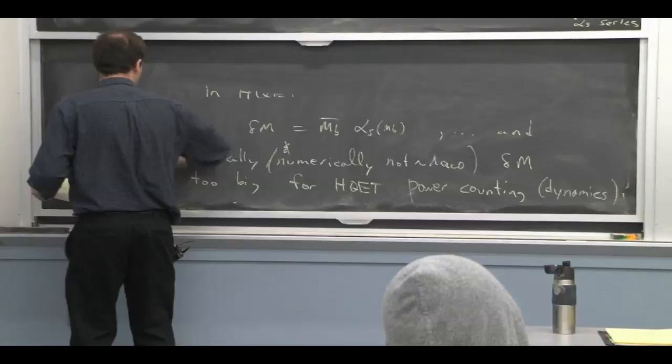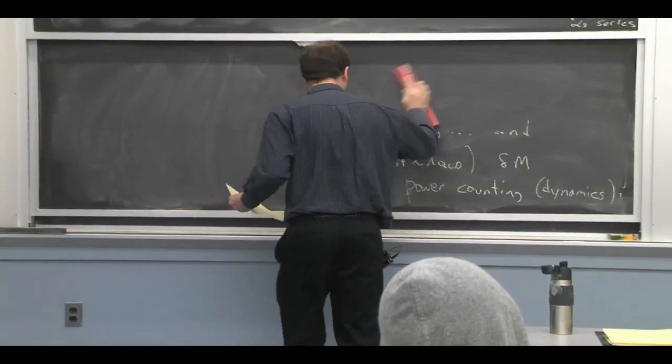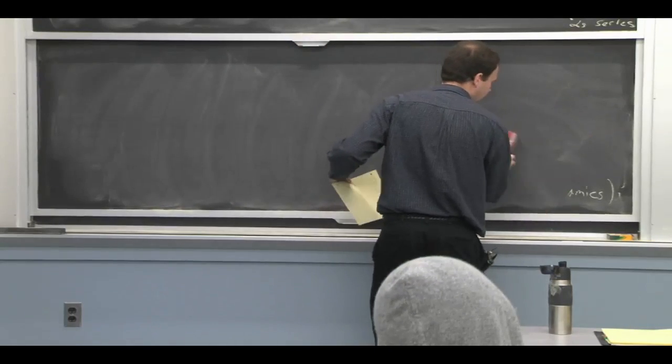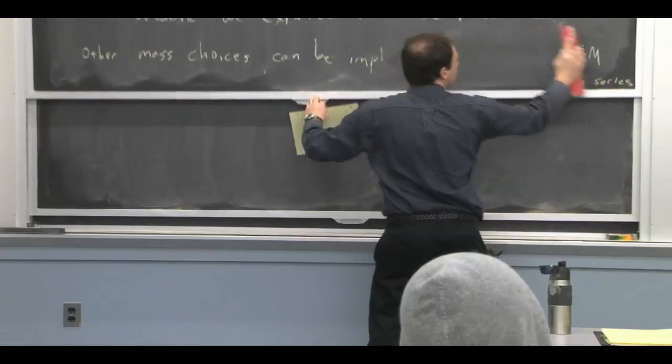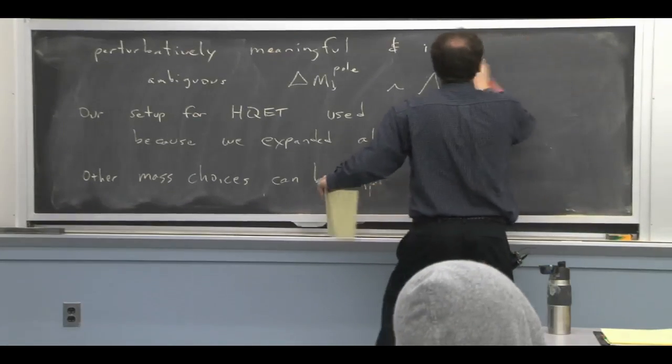Perturbation theory in quantum field theory is generically of this structure, and I'll show you some examples of that. It's asymptotic rather than convergent.